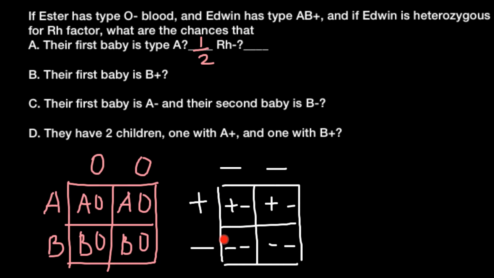But when both chromosomes are unable to produce this protein, we wouldn't be able to find it on the surface of the red blood cell, so the phenotype would be negative. So the genotype would be minus minus, and the Rh phenotype would be negative. So the probability that the child would be Rh negative would also be 1/2.